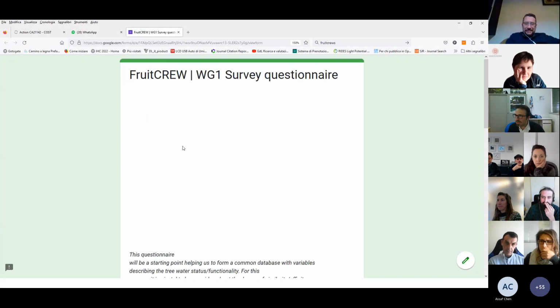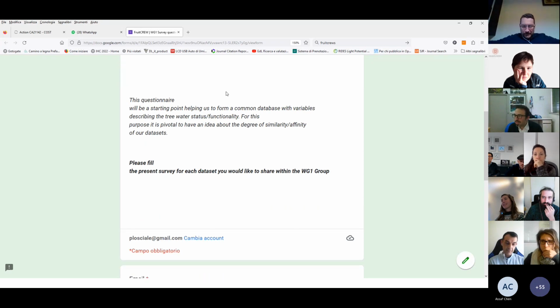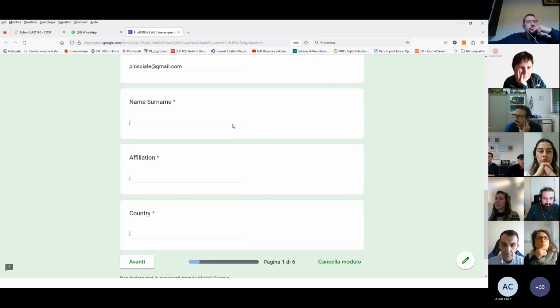Okay, can you see the screen here? Yeah. Okay, so you will receive this questionnaire. This is a starting point helping us to form a common database describing the tree water status and to have the degree of affinity and similarity of our databases.